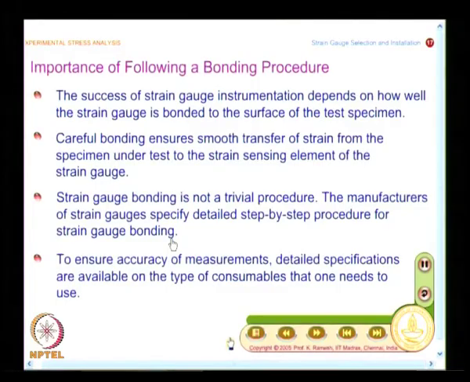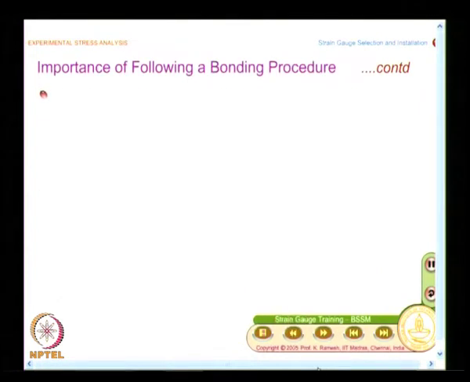You want sufficient accuracy to be maintained, and if you want sufficient accuracy, then all these steps are very important. So, to ensure accuracy of measurements, detailed specifications are available on the type of consumables that one needs to use in surface preparation, bonding, etc. So, it is not trivial, and you have to follow the recommendation.